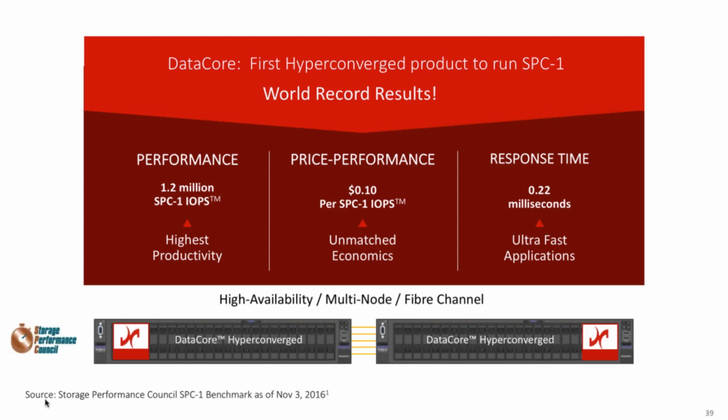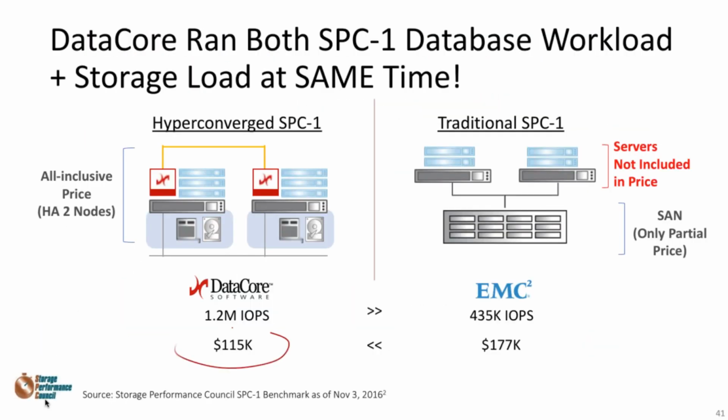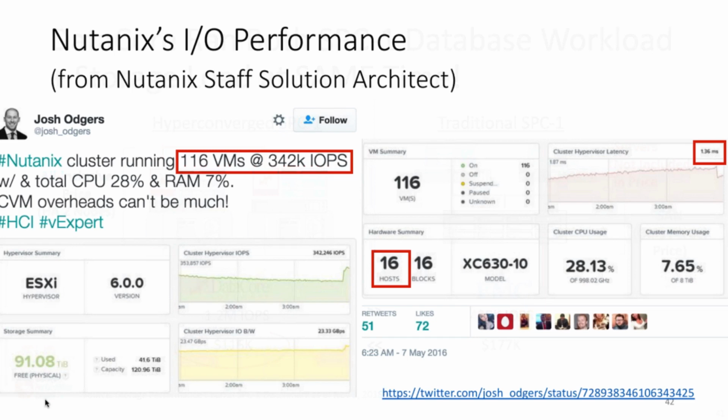Scott talked a little earlier about the performance from an IOPS perspective, the price performance at 10 cents per SPC-1 IOPS, and also the response time of 0.22 milliseconds. He showed you this graph earlier, but let me move forward and talk about how DataCore is able to do it, and give you a visual representation of parallel IO.